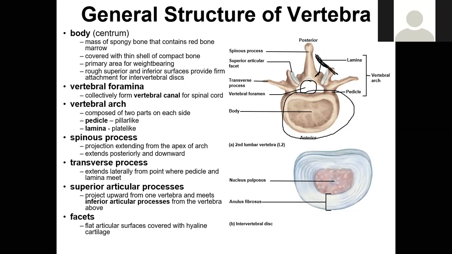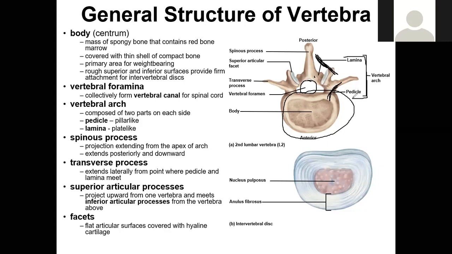That's this bone right here. The pedicle goes from the body to the transverse process. And this whole area made up of the lamina and the pedicle is known as the vertebral arch.